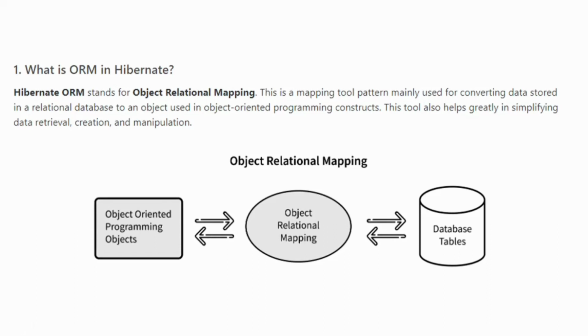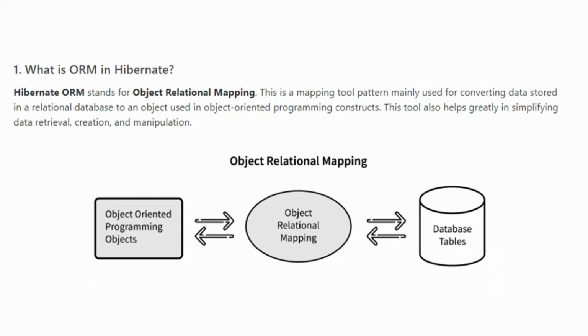In this video, I will share some of the most asked Hibernate interview questions and answers. The first one is, what is ORM in Hibernate? Hibernate ORM stands for Object Relational Mapping. This is a mapping tool pattern mainly used for converting the data stored in a relational database to an object using object-oriented programming concepts.